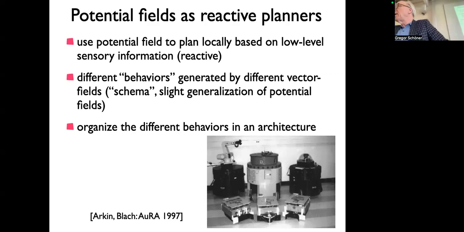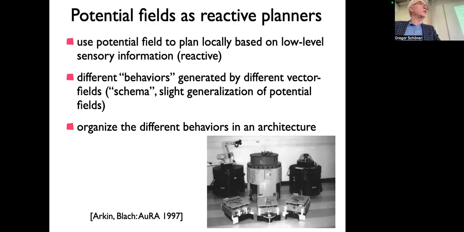Good. Now I wanted to say a little bit more about the potential field approach as a reactive planner. So when it's not driven by discrete different contributions, but really from sensor information, somewhat like the low-level or subsymbolic attractor dynamics approach.